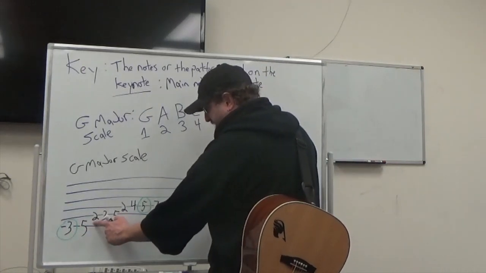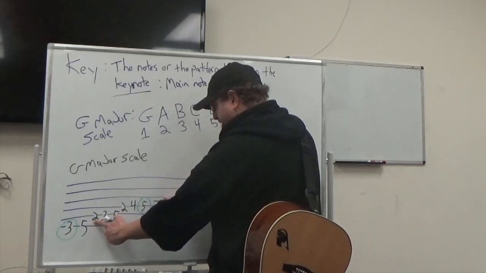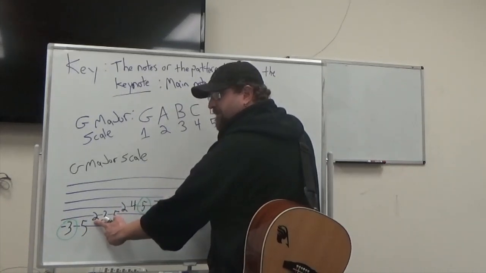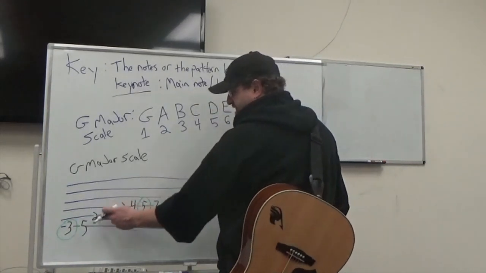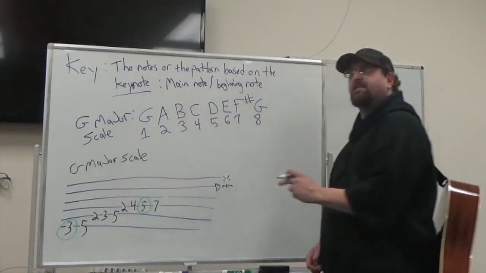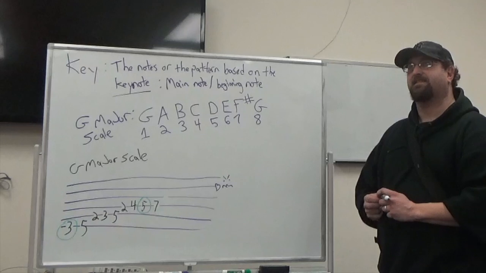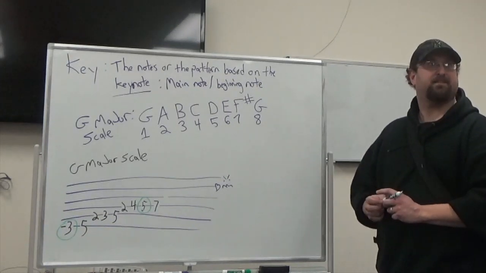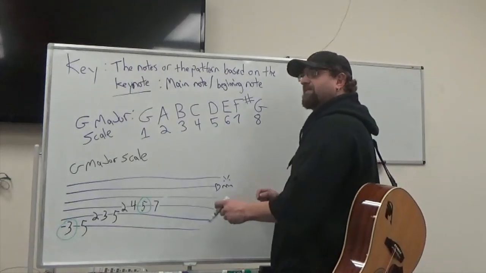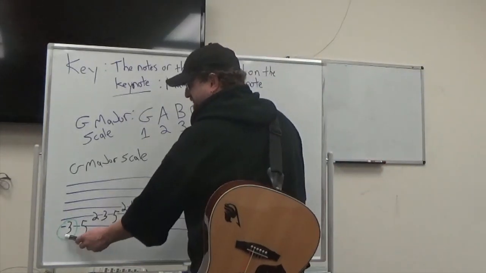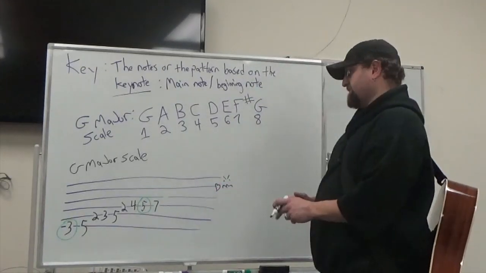So then we go, okay, the next one would be, we start on 5, where we're gonna start here. So 3 to 5, 2 to what? So we start on 3, now we're starting on 5.